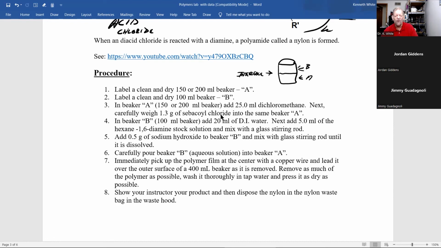And because you've got water and dichloromethane, polar and nonpolar, they don't mix. But if you take a hook, a wire, and pull it up, you'll pull up this white solid, which is your nylon. You keep on doing that. I've had people do it for about 5 minutes.